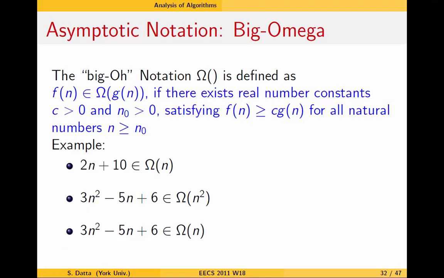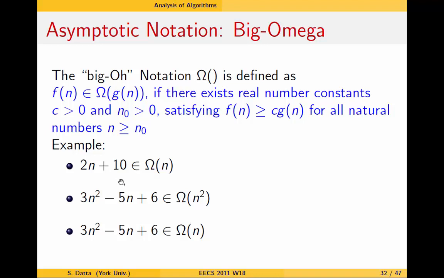If you've seen big O, you've probably seen big omega, but even if you haven't, this just reverses the inequality. Instead of saying less than or equal to c times g of n, we are saying greater than or equal to c times g of n. So the way to read this is f of n grows at least as fast as c g of n, and more precisely, f of n is greater than or equal to c g of n everywhere to the right of some threshold n sub 0.